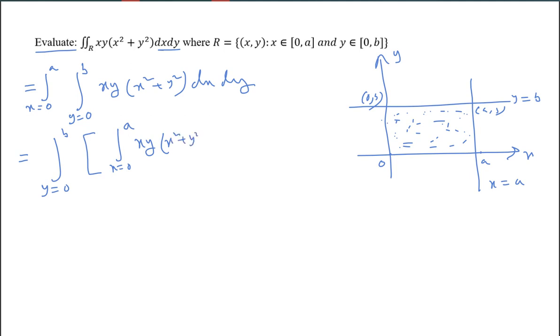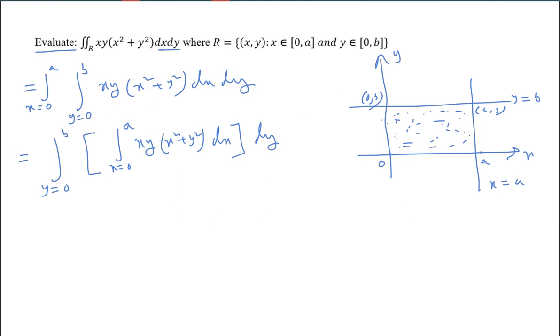All of you please mute your microphone. When we are integrating with respect to x, you consider y a fixed value, that is, a constant.